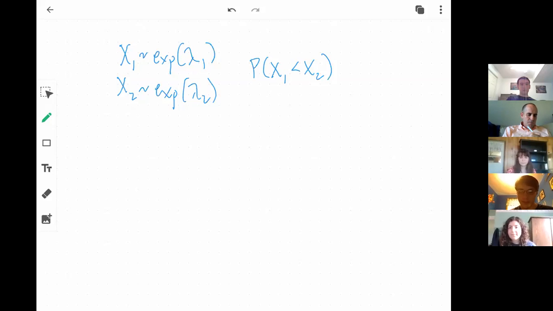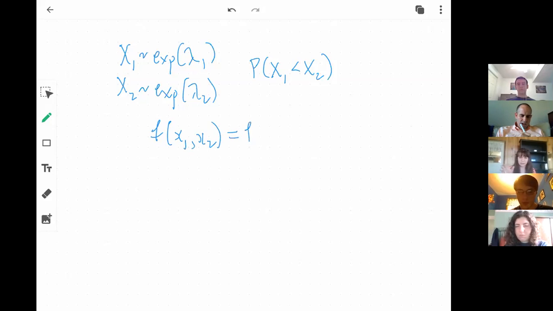Okay, so what is the joint density of x1 and x2? Since these two things are independent, what's the joint density going to be? It's just f of x1 times f of x2, the product of those two together.